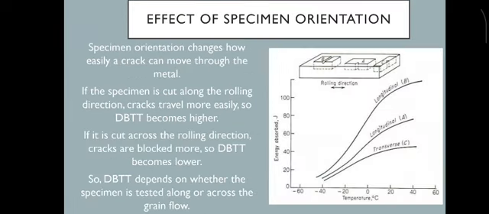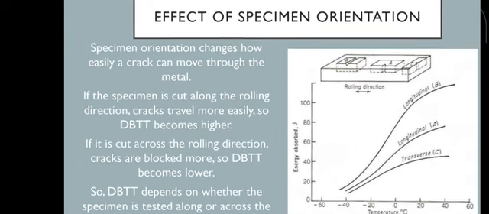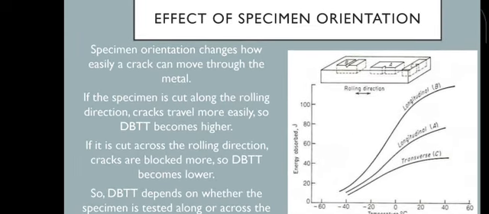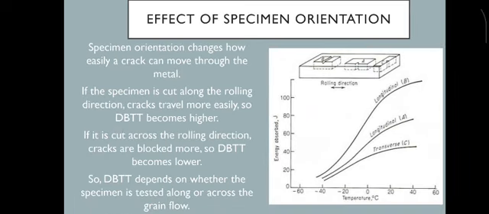And next, the effect of orientation of the specimen. Specimen orientation changes how easily a crack can move through the metal. If the specimen is cut along the rolling direction, cracks travel more easily, so the DBTT becomes higher.